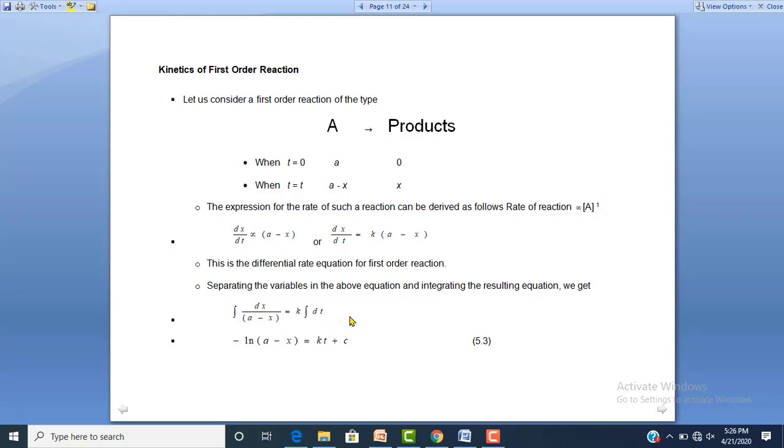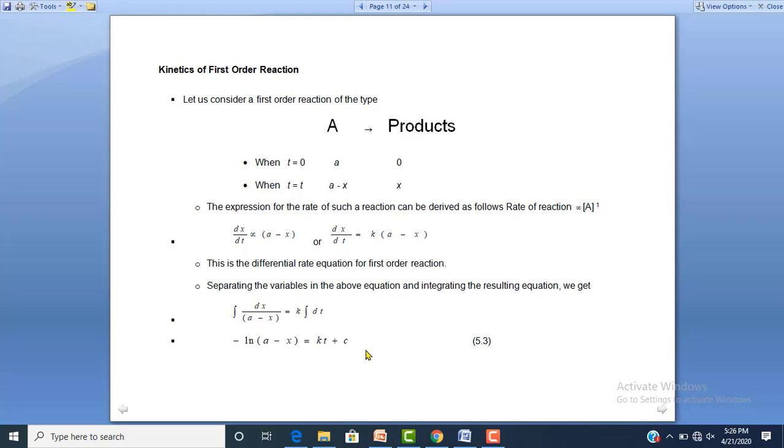And the important rule of integration is that when we apply integration to the right hand side of this equation, the integral of dt will be replaced with t plus c. So c is here the integration constant. When we integrated the equation, we got equation 5.3: minus natural log of a minus x is equal to kt plus c.